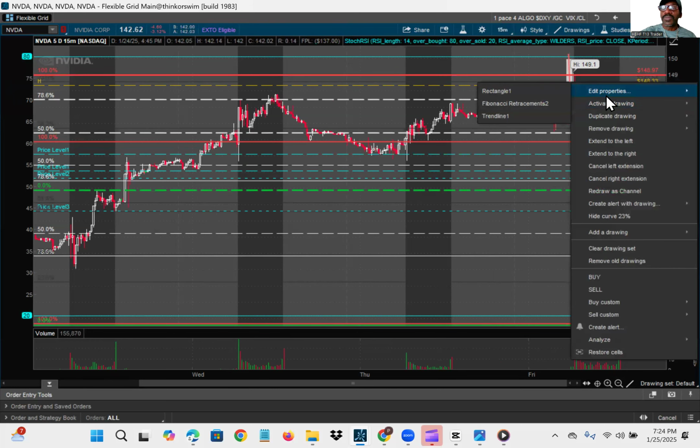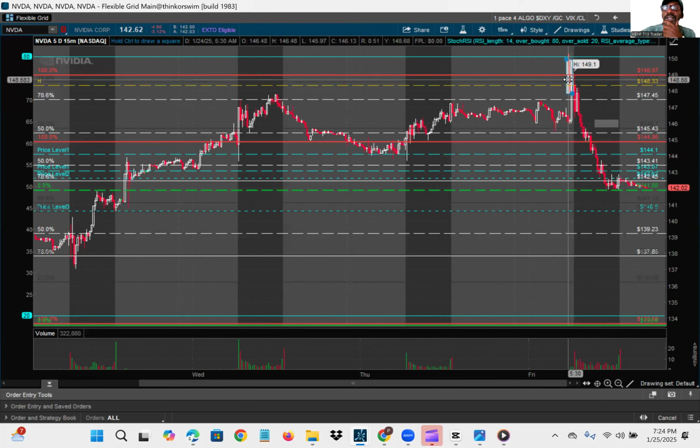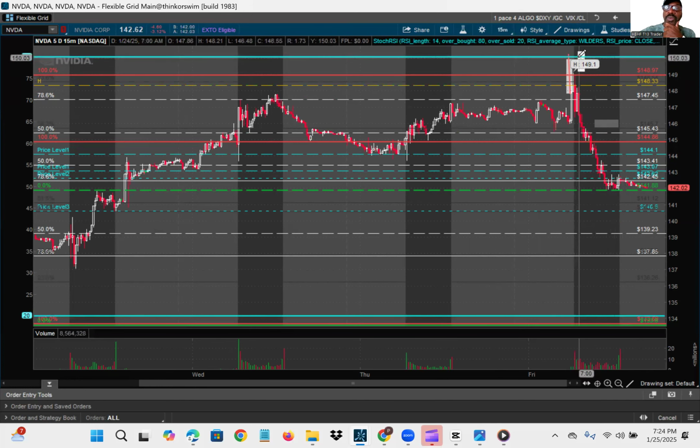And then start establishing support. These are the forecast. We always say forming these three soldiers of higher highs.